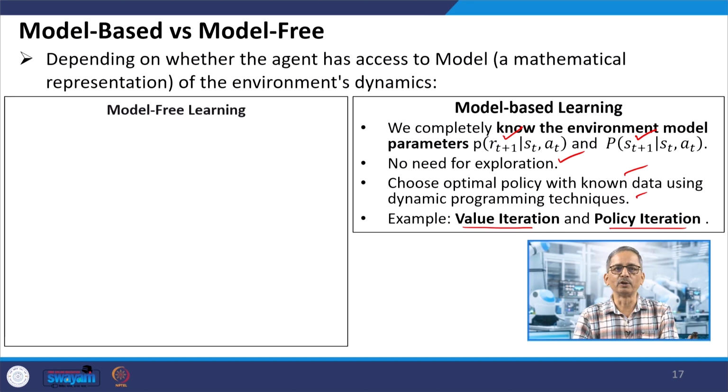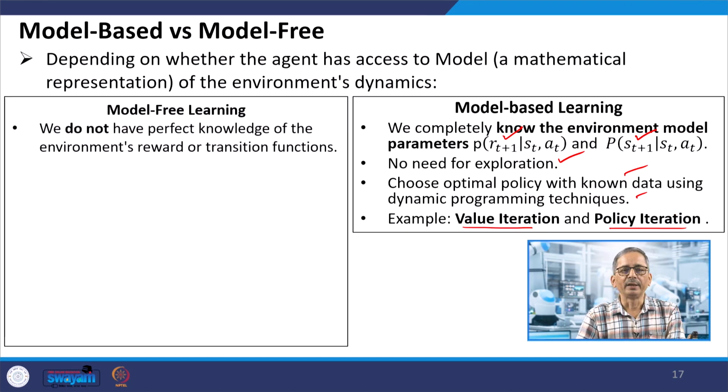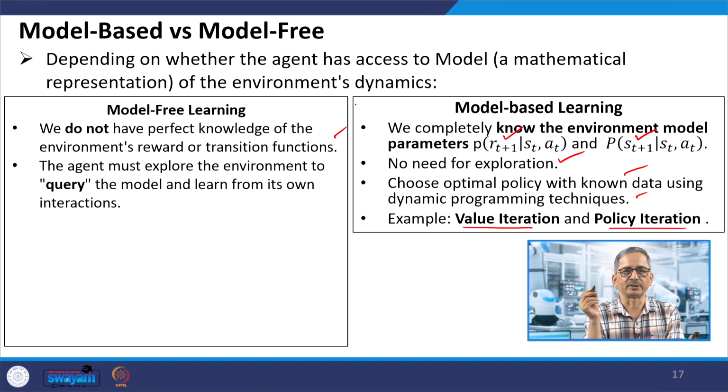The other approach is model free learning. Here we do not have perfect knowledge of the environment, reward or the transition functions. So the agent must explore the environment, to query the model and learn from its own interaction.